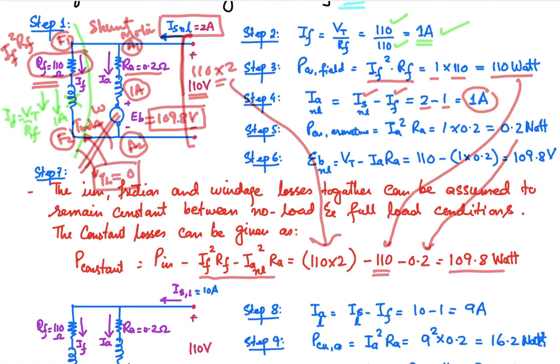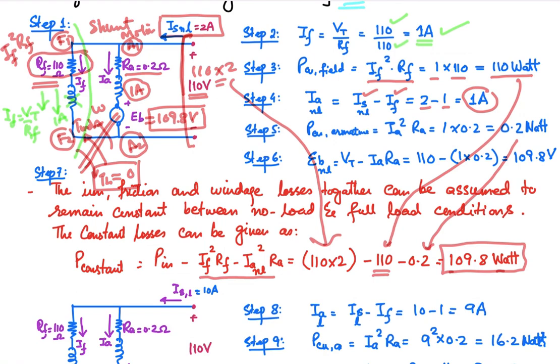That is the power lost in the core and as friction or windage. So that will remain constant, either at no load or the full load state. When you apply the load, more current will be drawn from your armature to provide power to the load, and not to overcome the frictional losses, windage losses, and the iron losses in your machine.